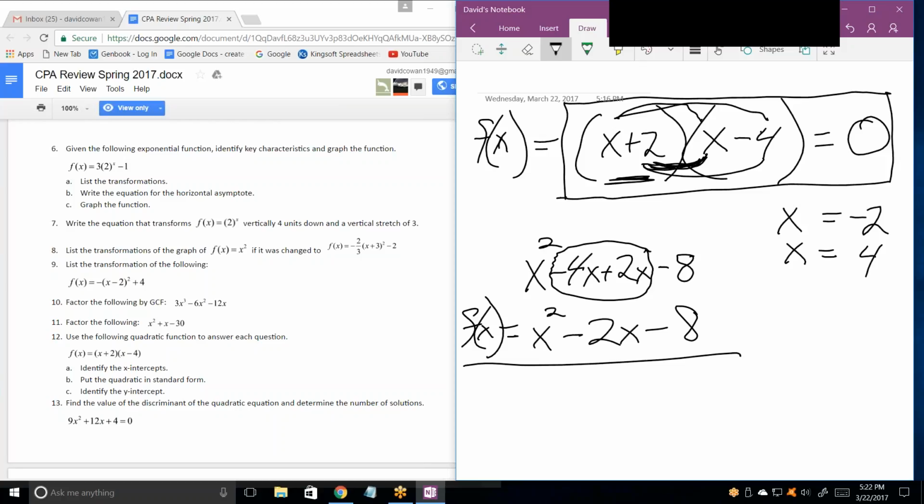And then finally, identify the Y-intercept. That's actually easier to do than the X-intercepts. On the Y-intercept, what is X? What is X's value? In other words, we went through this before with the X-intercepts. Well, yes, X is 0, right?